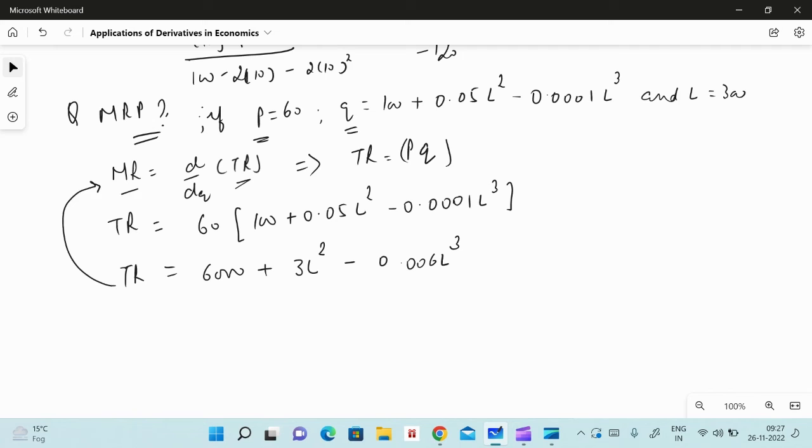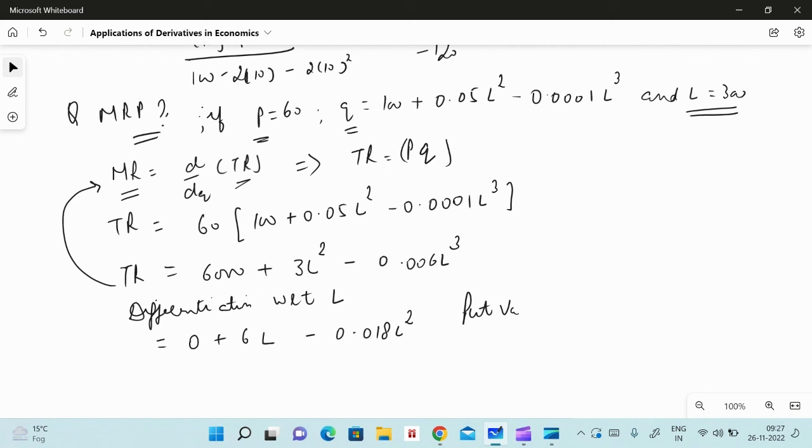Now to find MR, we differentiate with respect to L. The derivative of 6000 is 0, plus the derivative of 3L square is 6L, and the derivative of 0.006 L cube is 0.018 L square.